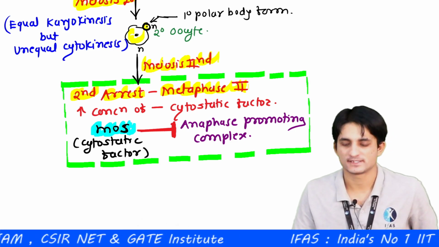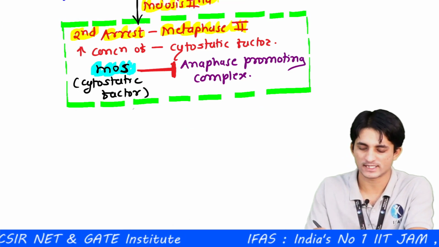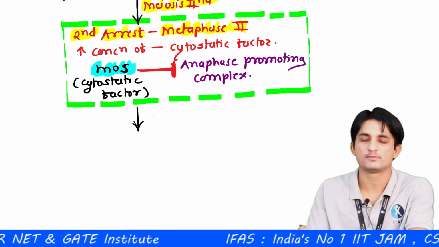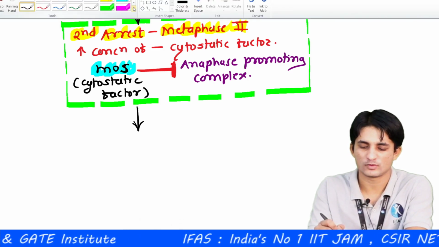Now after that, these secondary oocytes are released by the ovary into the region of the oviduct.